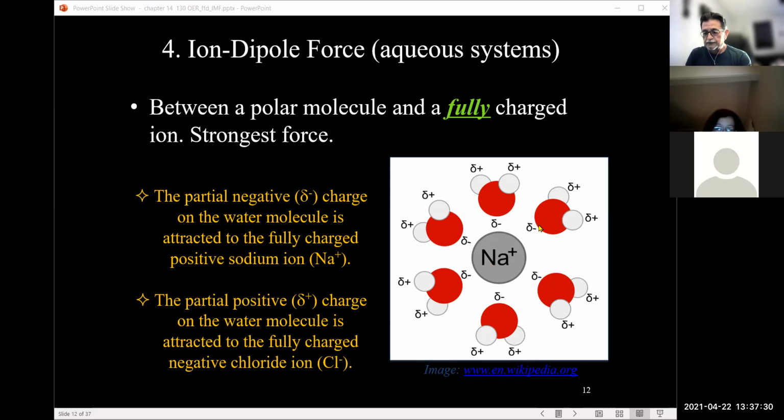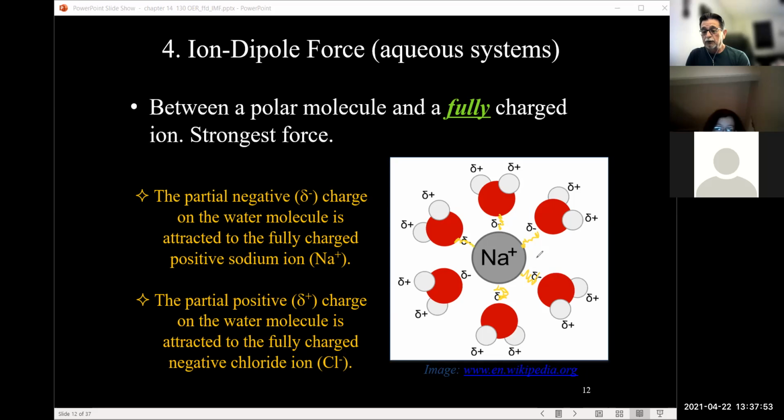Because the oxygen has a strong partial negative, right? And they're going to be attracted to the positive charge, right in here, this interaction going on here. Not a bond, but it's a very strong interaction.